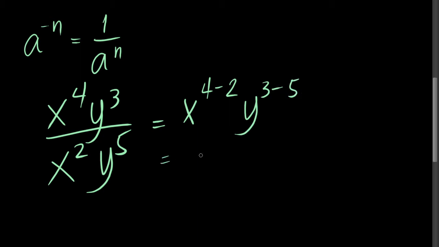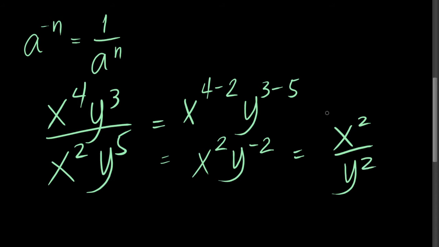So, if we simplify this, this becomes x raised to 2, y raised to negative 2. But, you know that any number or variable raised to a negative exponent, may reciprocal niya. So, when you simplify this further, this becomes x squared over y squared. Okay? So, this one is pretty simple. Let's move on to more complicated things.